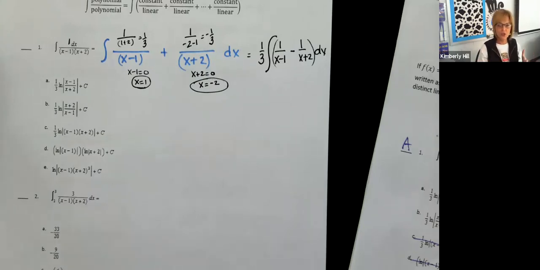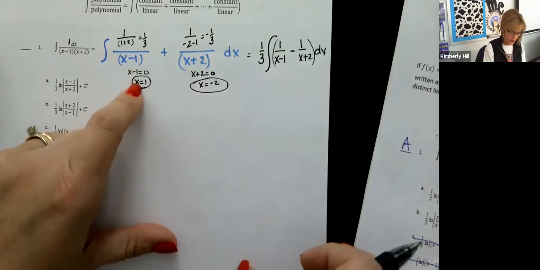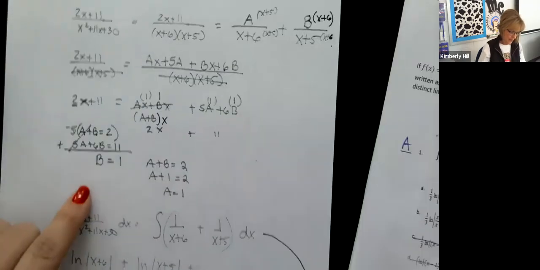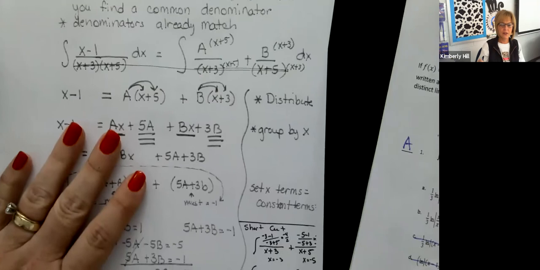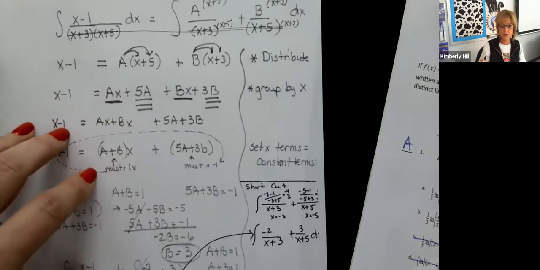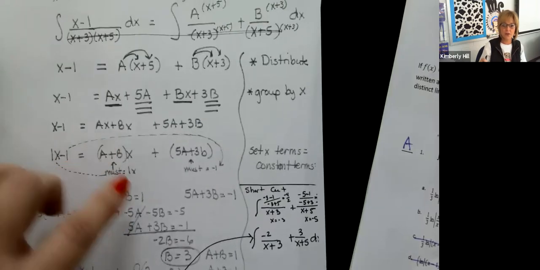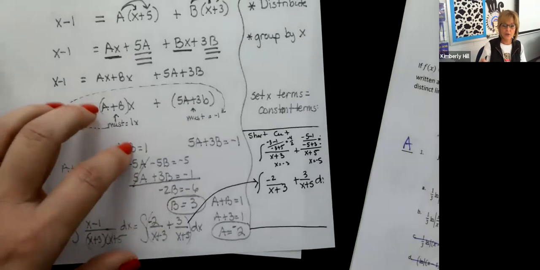So long versus short, meaning this is a shortcut that I just showed you versus having to do this process. So this process is what you would have done in Algebra 1 and 2, probably Algebra 2. And it involves systems of equations. It involves a lot of algebra. You can do it that way.